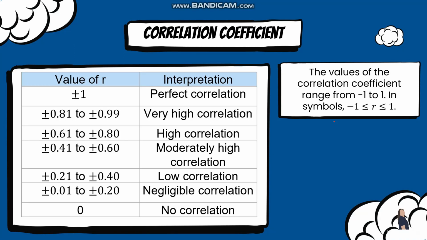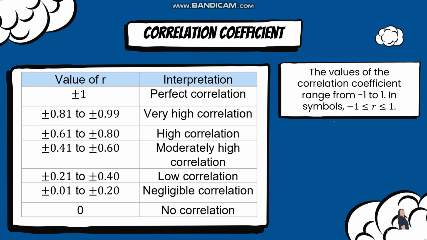So for now, we will be using this interpretation, or this scale. So you have here the value of r, and we have the corresponding interpretation. The values of the correlation coefficient range from -1 to 1. So the values that we can get for r should be from -1 to 1 only.